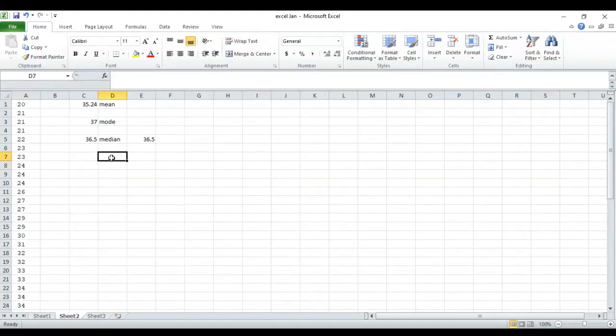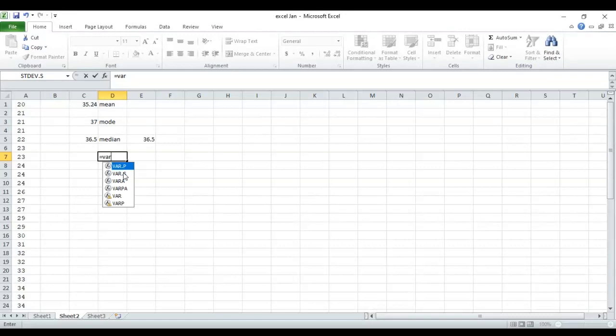Okay, and then we do the variance. Now we don't use the variance pretty much at all, but you'll see there are 2 variances. There's dot P, which is the population. It calculates the variance based on the entire population. So the P is for population.